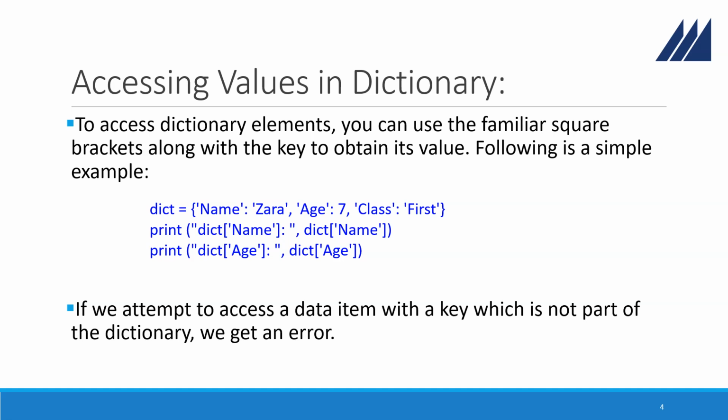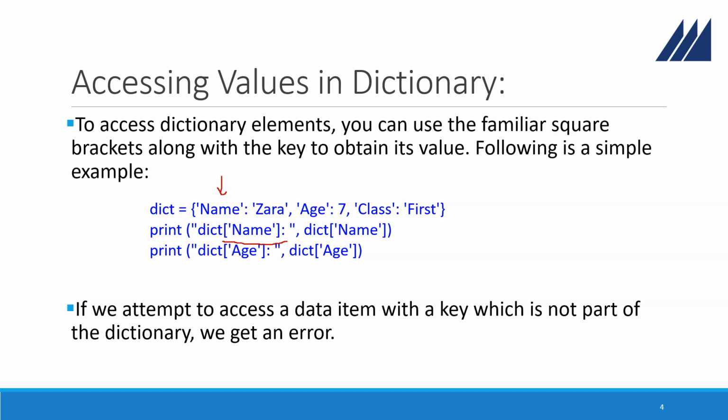We have something that works similarly to the index and helps us access the values: the key. We're going to access the values of a dictionary using the key as if it's the index in a list, and we're going to use it in the same way, with square brackets.